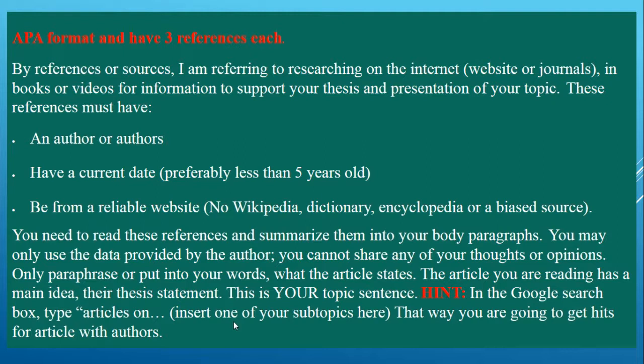Articles on recycling. Articles on the loss of flora and fauna because of global warming. So see, I'm trying to get articles on different subtopics so that way I can write out my paragraphs.